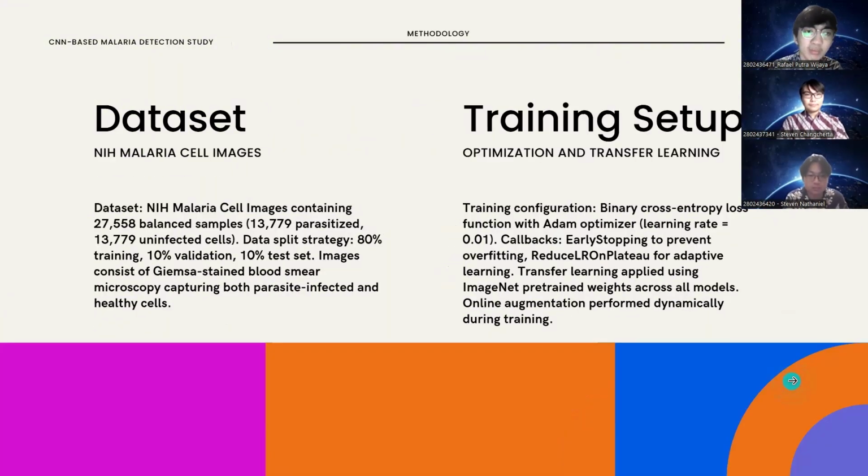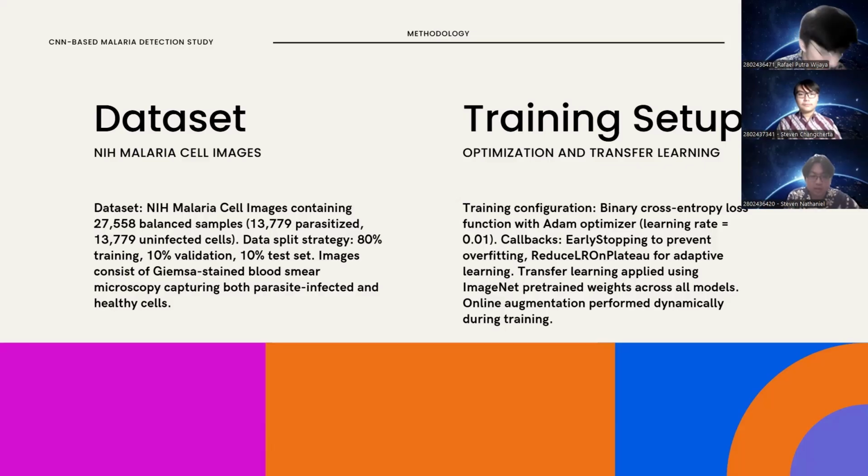Next, a bit on methodology. Our dataset is the NIH malaria cell image dataset that contains 27,558 samples that are perfectly balanced, 13,779 parasitized and 13,779 uninfected. We split it 80% for training, 10% for validation, and 10% for testing.